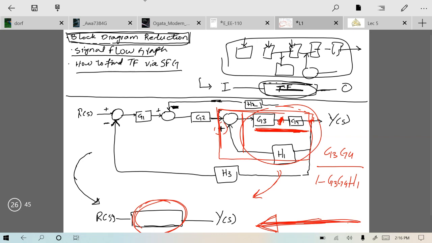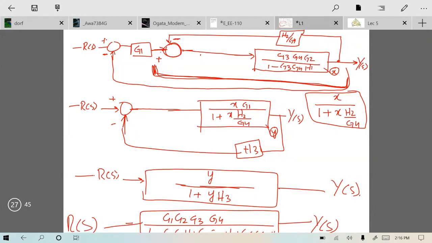After joining G3 and G4, we visualized that there was a feedback loop. We converted that feedback loop into a single block, and then again we visualized another feedback path that we can reduce. So we reduced that feedback path as well and also combined a block over here by writing it inside this block.